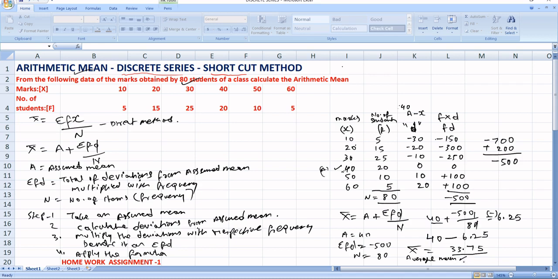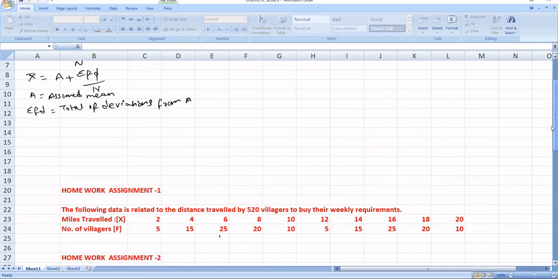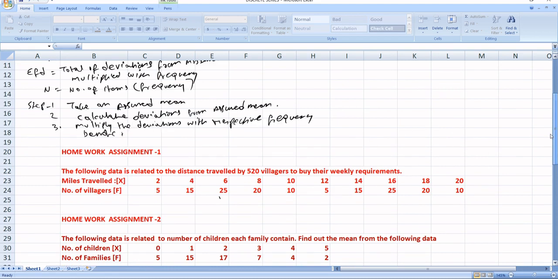Students, in this way you have to work out the problems. And for you I have given 2 assignments, and the problems are the same. I have already given these for direct method, and now you are going to do the same problems under shortcut method.